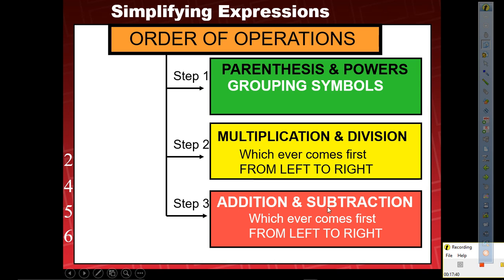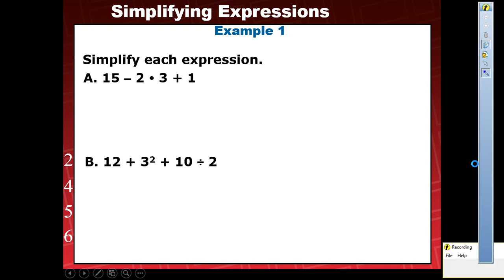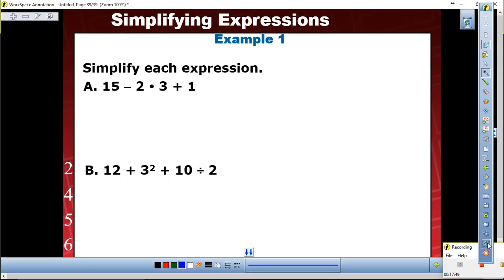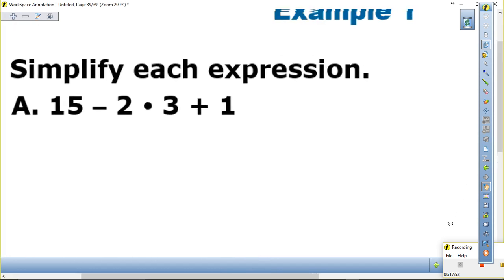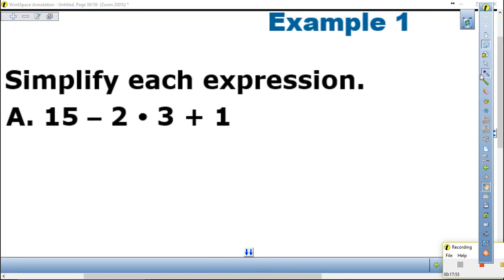Last step. Third step is addition and subtraction, and once again, we scan it from left to right, whichever comes first, addition or subtraction. Therefore, copy example 1A. We're going to do this one together. Let's see how we do. Example 1A, copy that. 15 minus 2 times 3 plus 1. Simplify that. You have 30 seconds. Go.